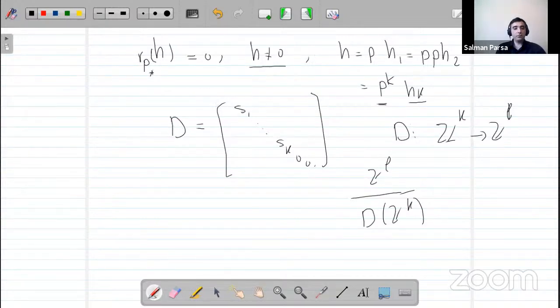But the proof works by, so I won't go into details, but you just write, similar to this, the co-boundary matrix, and then essentially you pair the cochains to co-boundaries, and it's not difficult.